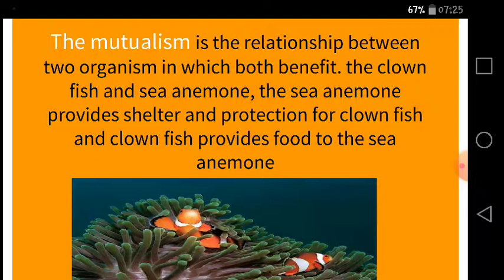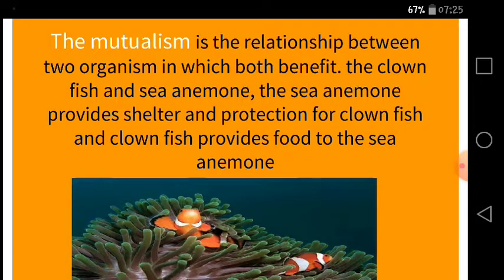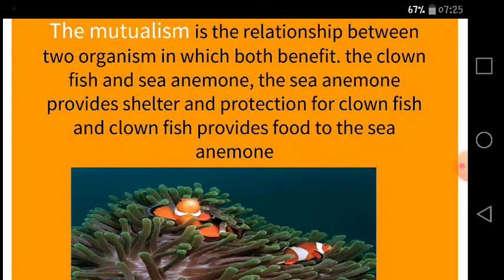The sea anemone provides shelter and protection for the clownfish, and in return the clownfish brings bits of food to the sea anemone and even lures large fish to its stinging tentacles. In this way, both these organisms are living together and helping each other, and both are getting benefits from each other.